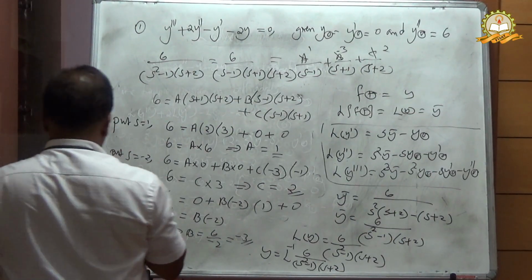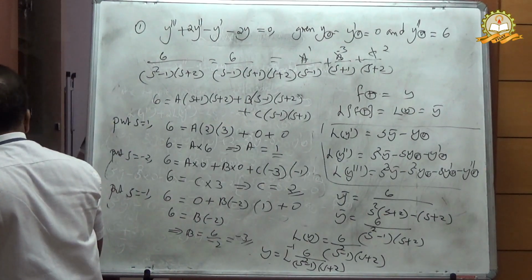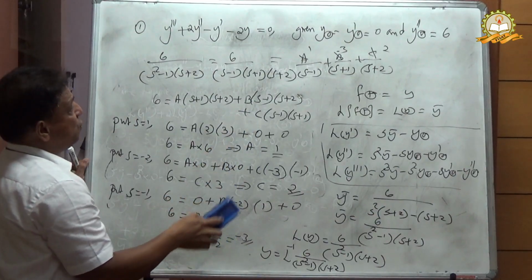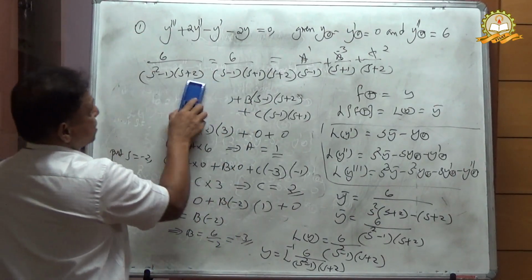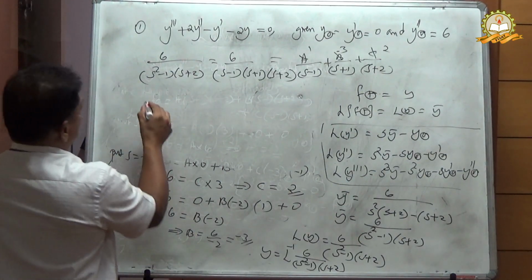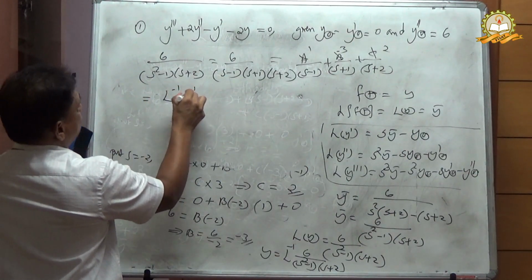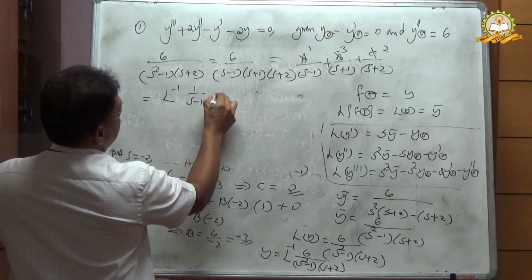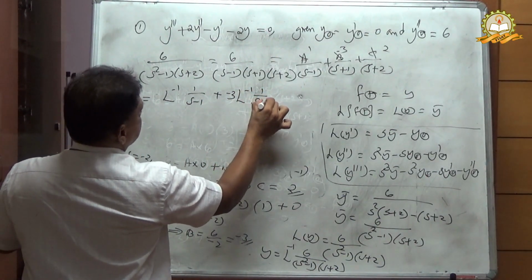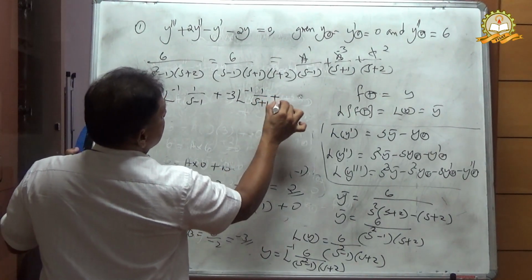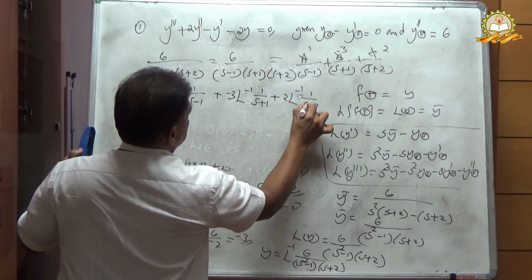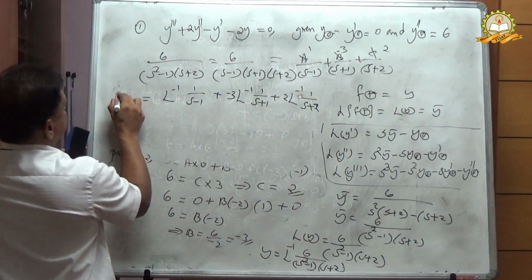Then, after finding the values of the constants a, b and c, we can take the inverse. Therefore, L inverse of 1 by (s minus 1) plus minus 3 into L inverse of 1 by (s plus 1) plus 2 into L inverse of 1 by (s plus 2), that is y.